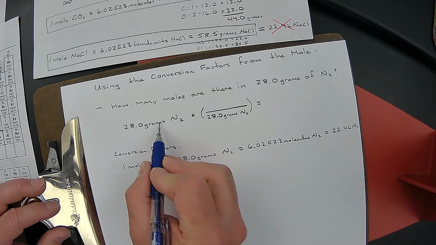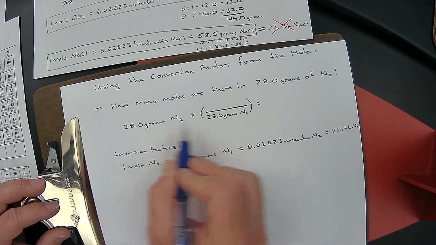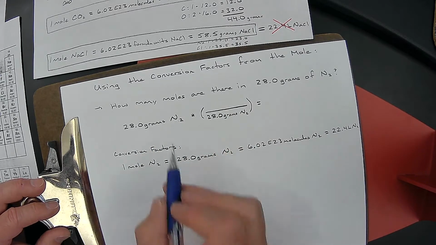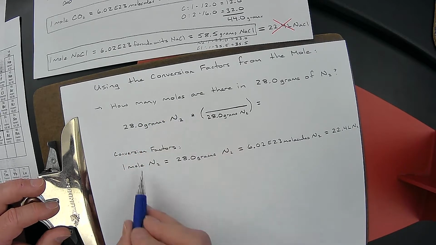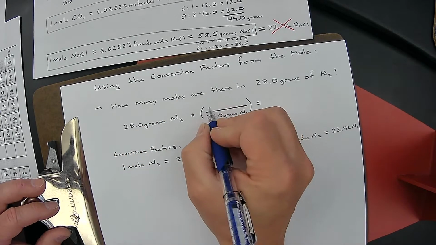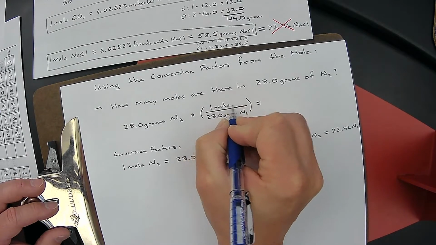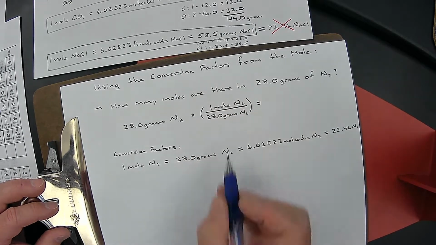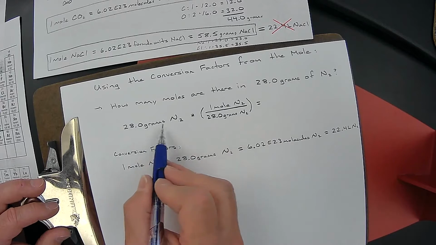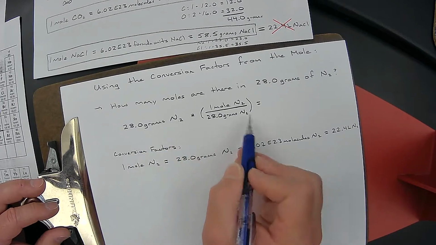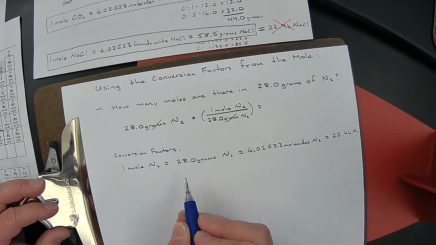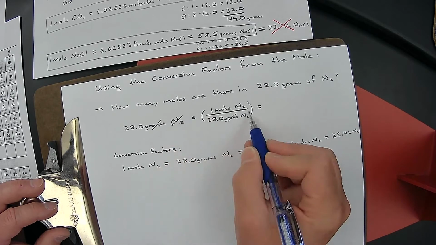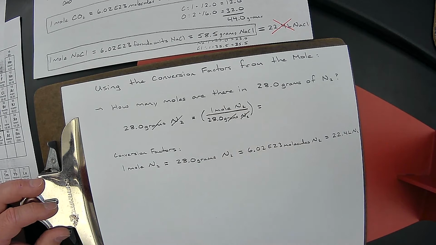You always match the units that are here to go on the bottom. And whatever the question is asking for, because it says moles, we're going to put that piece on the top. The reason we match up is because you have units on the top and units on the bottom. So the grams will cross out because they're the same. The N2 will cross out because it's the same.